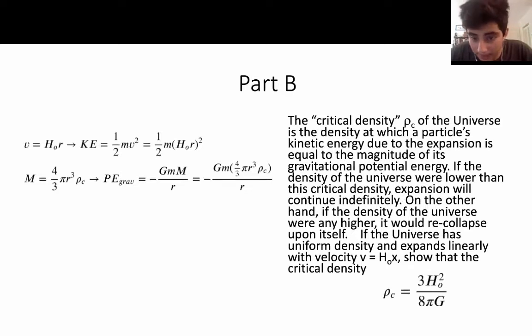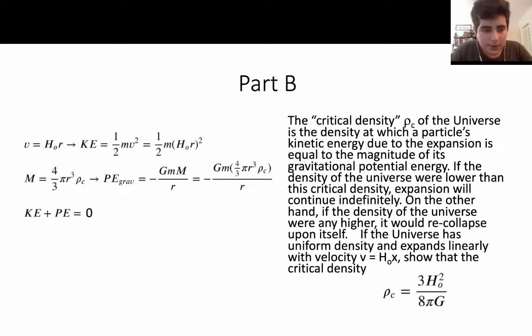In order to get this critical density where the universe neither continues expanding nor recollapses on itself, you're going to have the kinetic energy of the particle directly balanced with the potential energy of this particle. Another mathematical way of saying that is that the kinetic energy added onto the potential energy is going to have to be equal to 0.